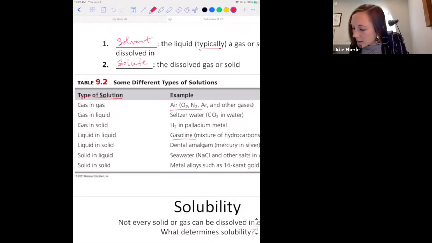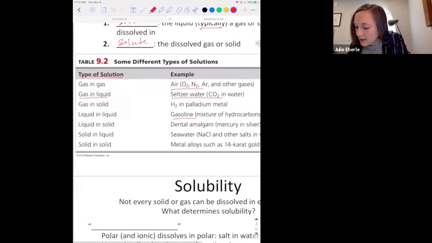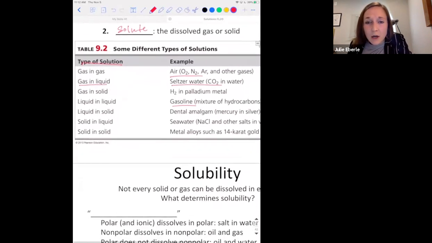What else is a good example? Gas in a liquid. What's an example of that? My favorite, fizzy water. I call them fizzy waters. Okay, club soda. That's an example. CO2 dissolved in water. LaCroix is an example of that. But any soda, Coke is an example, right? You got CO2. I used to not drink it in college.